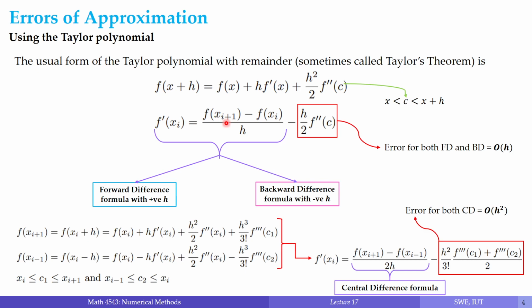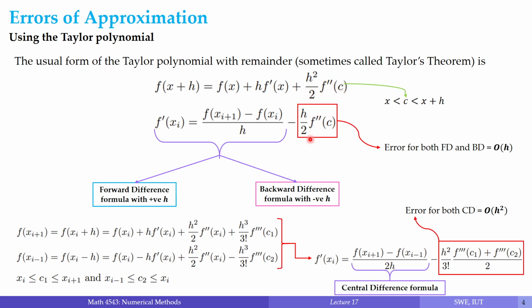Fine. So we have f of x plus h minus f of x, which is simply the same as writing f of x sub i plus 1 minus f of x sub i, and we have this h over here, right? So if we take this h from the left to the right, it goes to the denominator, so we get divided by h for this term. And for the remaining error term, we had h squared by 2 times the second derivative at the point c, right?